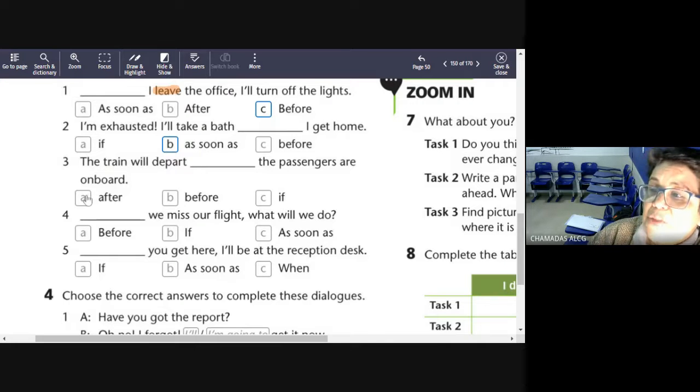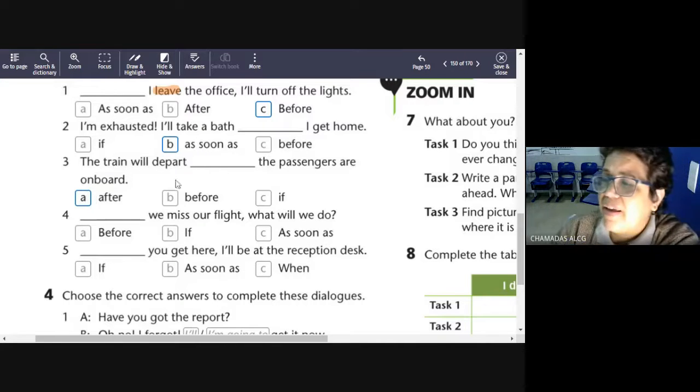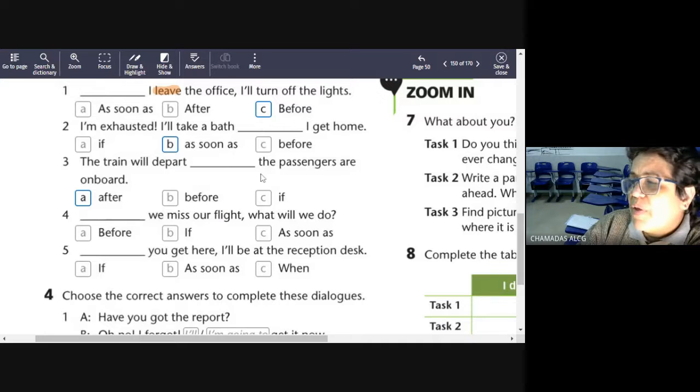I think it makes more sense to use letter A, after, okay? Because before doesn't make any sense. And if doesn't make sense either, okay?